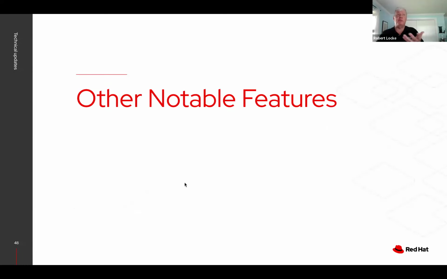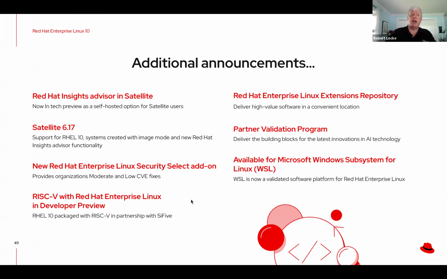There are some other notable features we do want to make some mention of that were announced at the same time. One is the Red Hat Insights Advisor and Satellite that's now in tech preview for your self-hosted satellite users. We also announced Satellite 6.17. There's a new Red Hat Enterprise Linux Security Select add-on that provides organizations moderate and low CVE fixes.